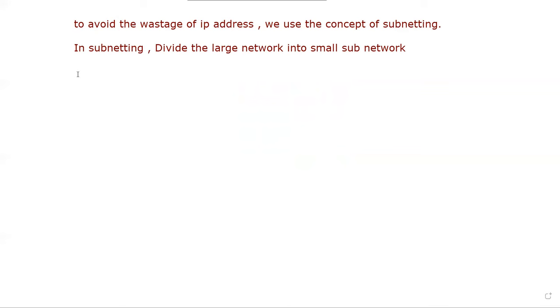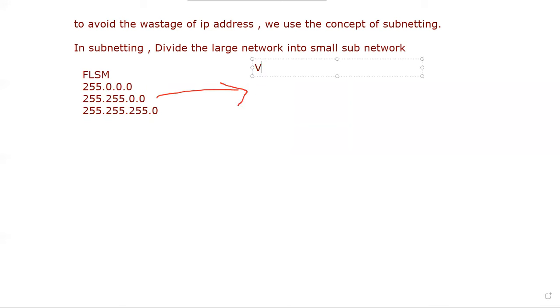What exactly are we going to do? We are going to change our fixed length subnet mask, like this subnet mask. These are already fixed. We have to change this fixed length subnet mask into VLSM, variable length subnet mask.